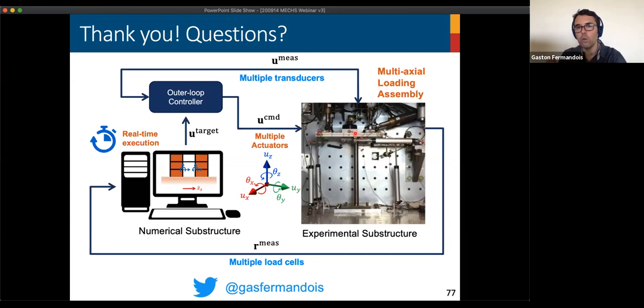If what you are looking for is imposing less than 6 degrees of freedom at one point, obviously you can have a loading assembly that has fewer actuators. The fewer actuators and the simpler your kinematics are, the less challenging the system identification and the dynamic compensation will be.